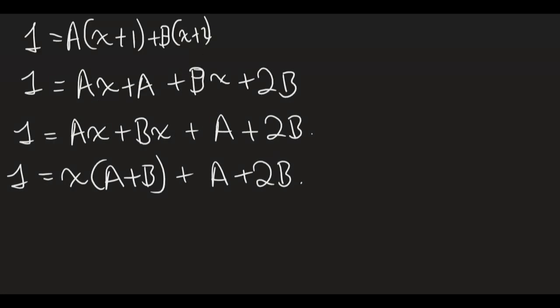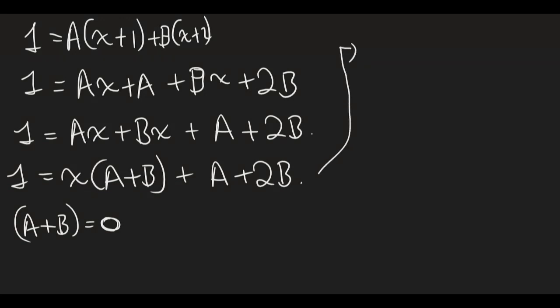And now we can equate the coefficients. We see we have no x term on the left-hand side, so we can say we have 0x on the left-hand side. So the coefficient in front of the implied x is 0. So a plus b is equal to 0. Let me explain that better.